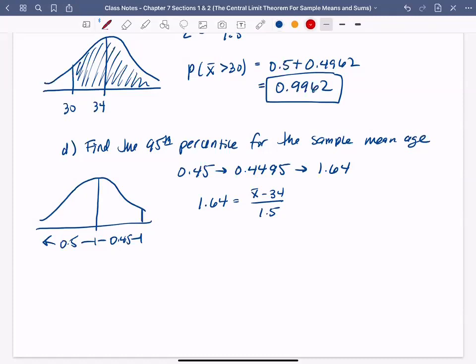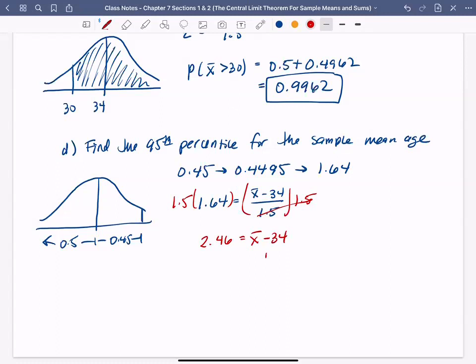So it looks something like this. I'll put it in red here. So we're going to multiply both sides by 1.5. Basically taking this and dividing this out here, that 1.5 on the other side. And by doing that, then on the left-hand side, we get 2.46 equal to x bar minus 34.